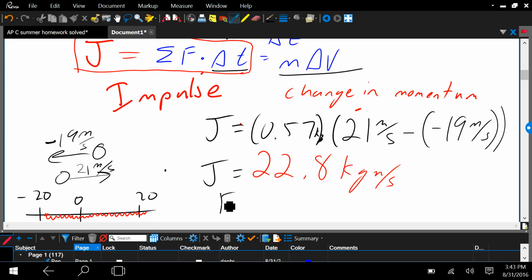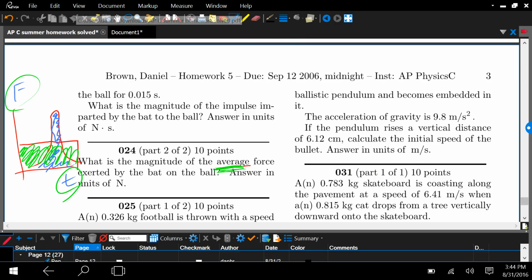So the force is equal to my 22.8 divided by my time, 0.015 seconds. I got an average force of 1,520 newtons imparted to that softball during that collision.